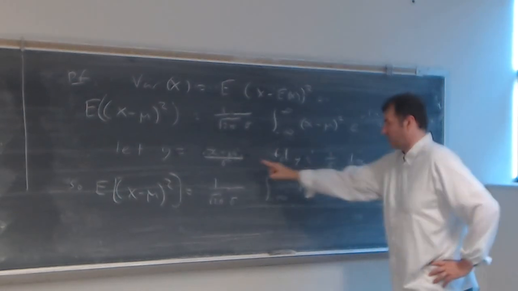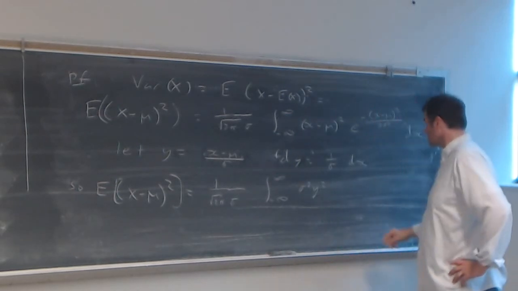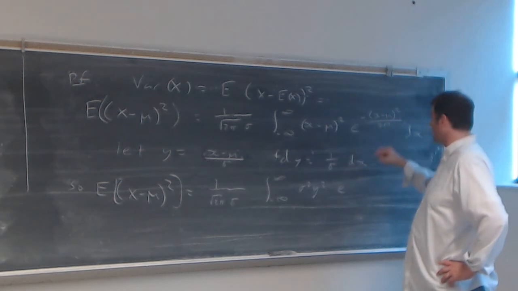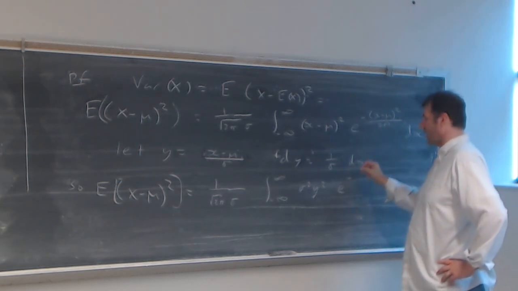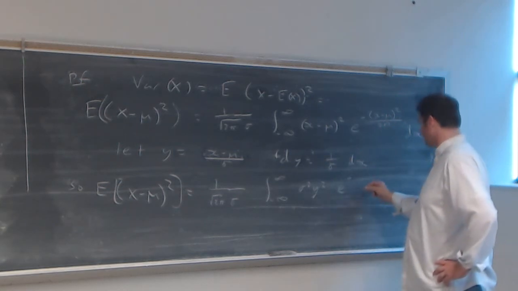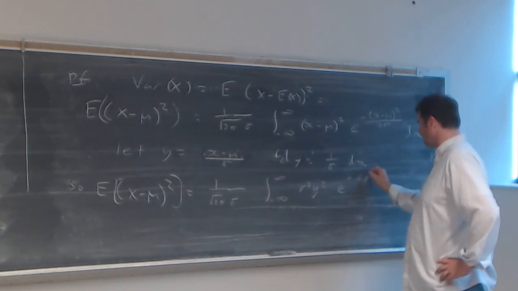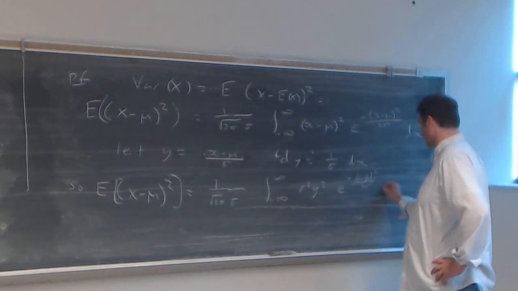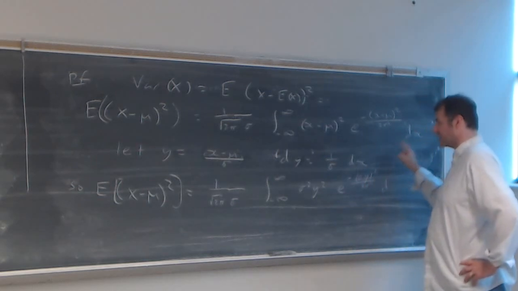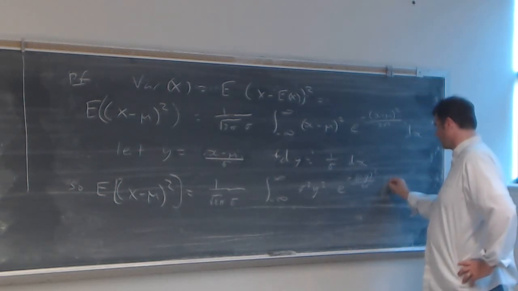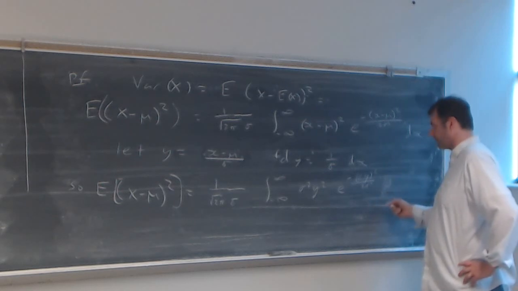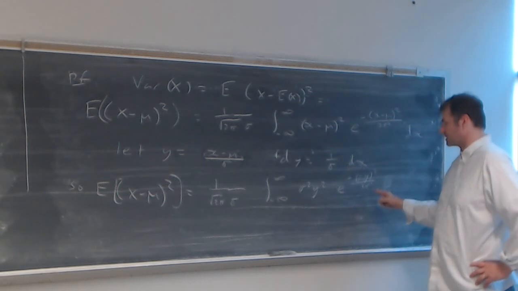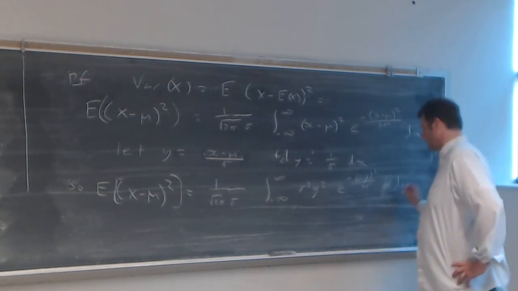Solve for x minus mu. Here, this is e, and for x minus mu I substitute y times sigma. It's minus (y times sigma) squared, all over 2 sigma squared. And here dx would be equal to sigma dy, so I'll write down sigma dy.